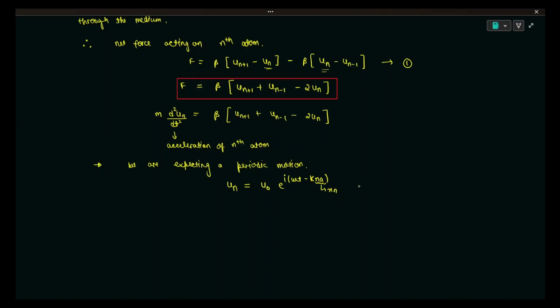So this is a plane wave solution which represents a periodic motion. Here this k is representing the wave vector.